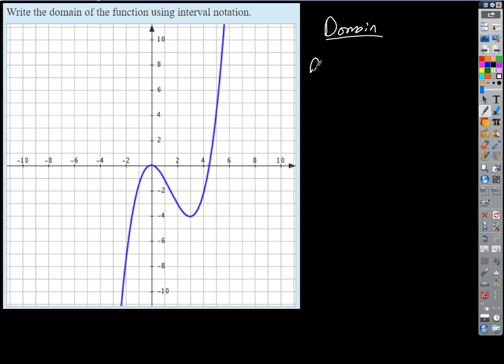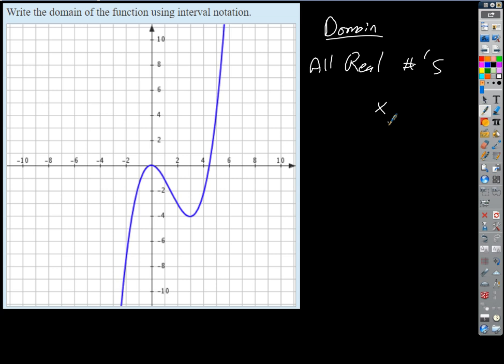How do we say all real numbers or unrestricted, let's do it first using an inequality. X is what? How do I say that? All real numbers, no restrictions.